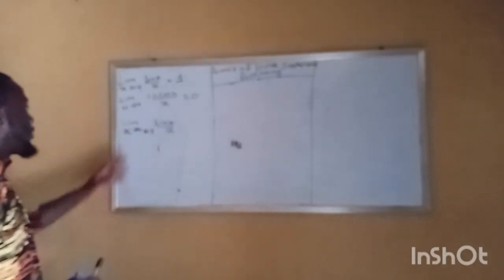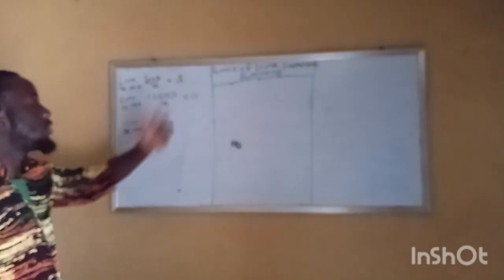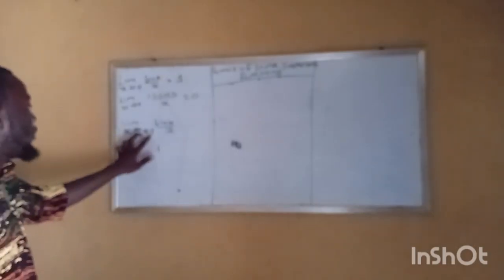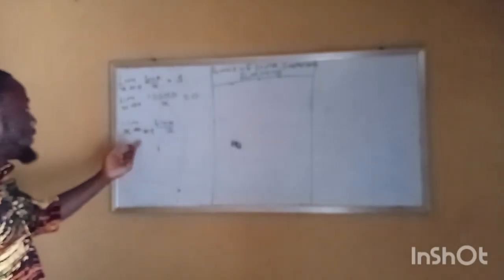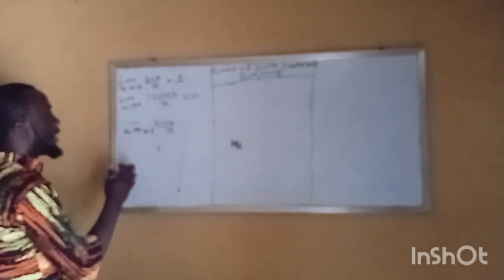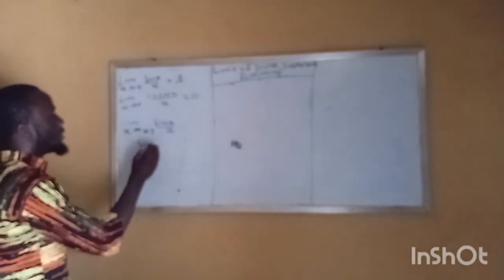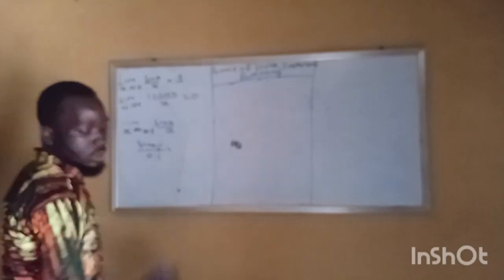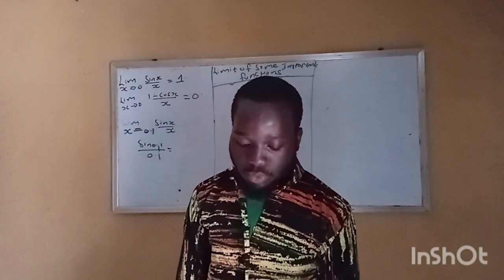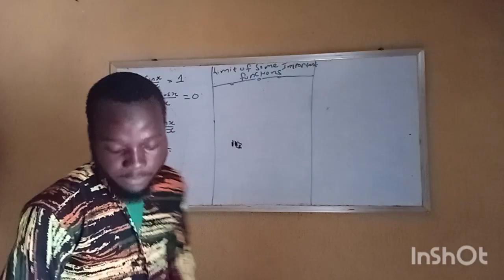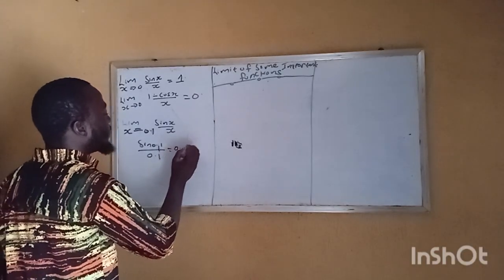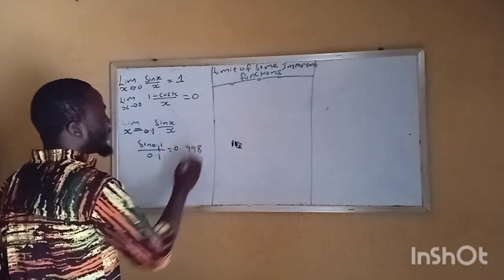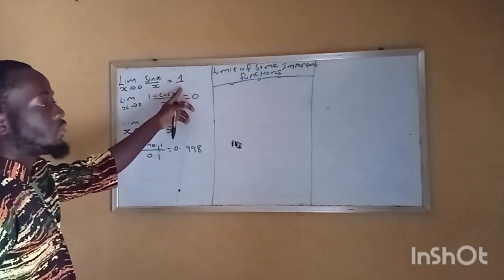We want to prove that this is equal to 1. Using our calculator, sine 0.1 over 0.1 gives us 0.998. If I approximate this, it will give us 1.